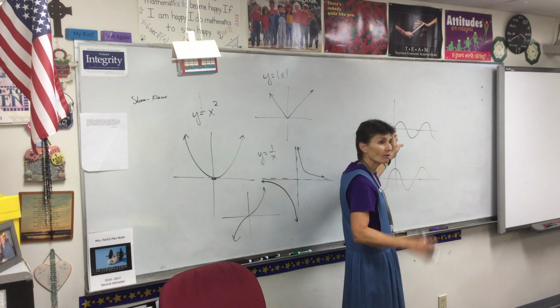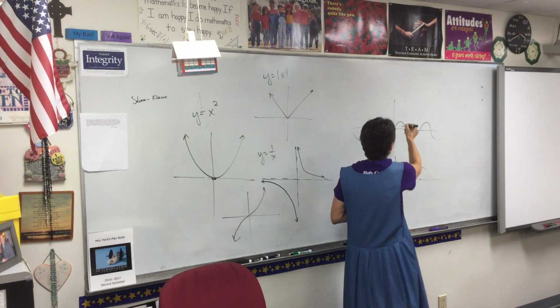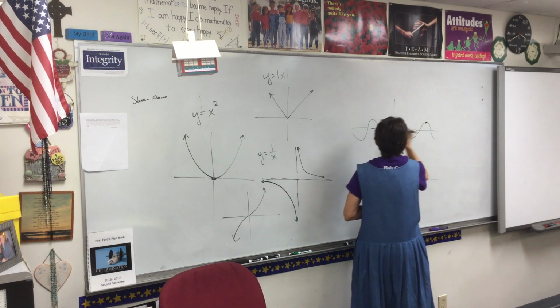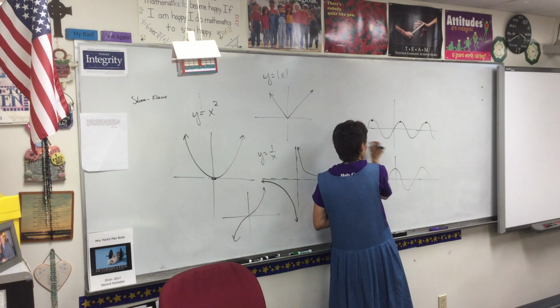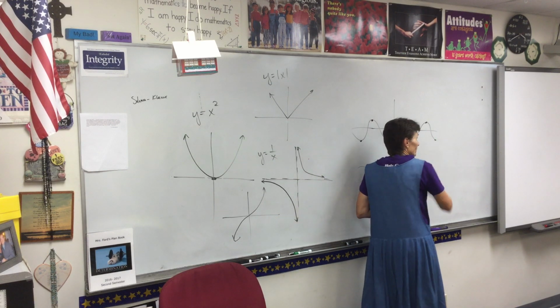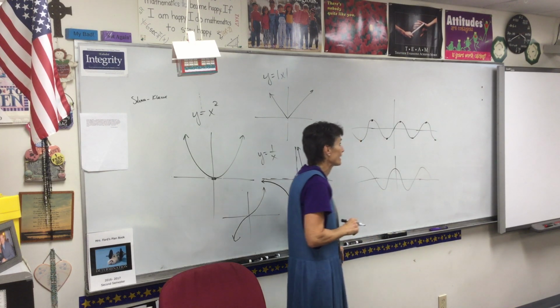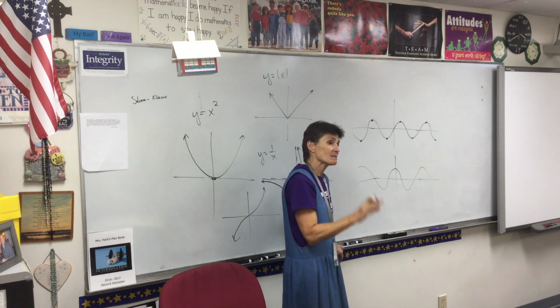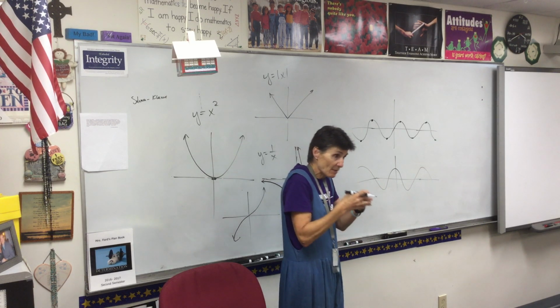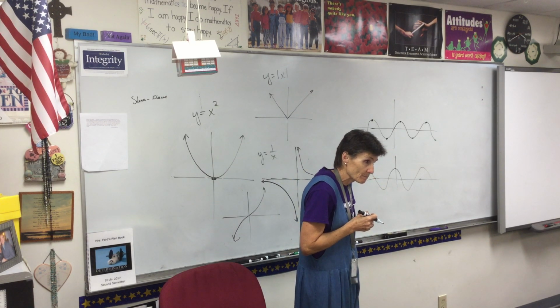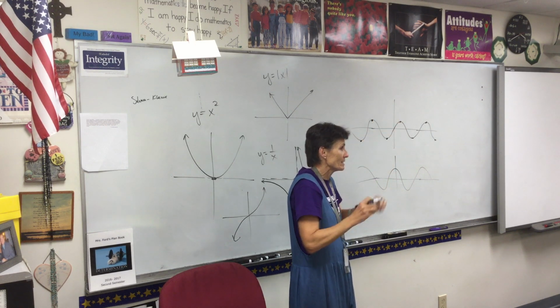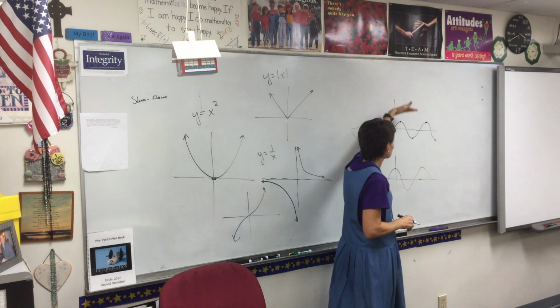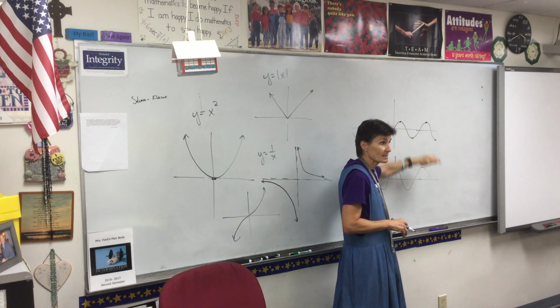I would have to say there are infinitely many of them. This is a maximum, this is a maximum, this is a maximum, this is a minimum, minimum, minimum, minimum. Infinitely many maxes and mins. Maximums and minimums together are called extrema. They're the extreme points. The tops of the mountains, the bottoms of the valleys.